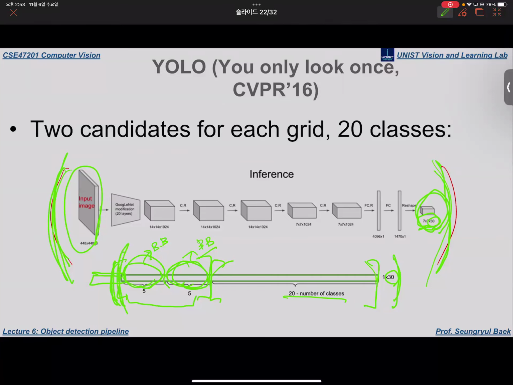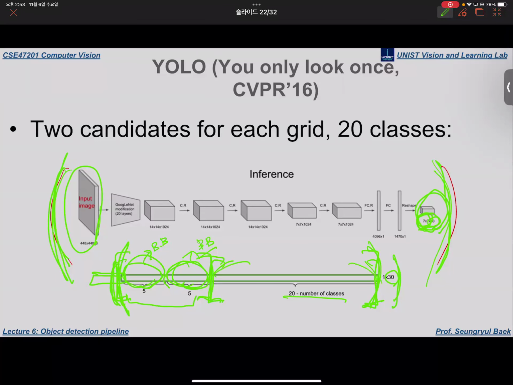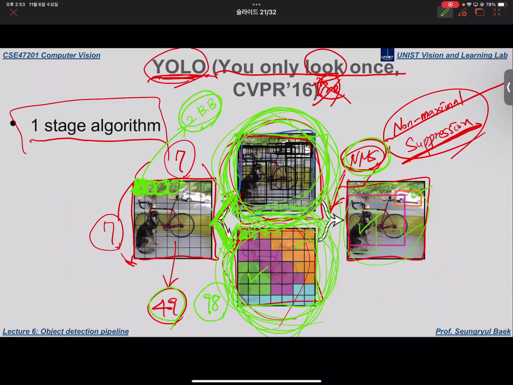So for each grid, we will estimate this 30-dimensional vector that may contain the class probability and, at the same time, two bounding box information. The below class probability is for this part, and this is denoted as the upper bounding box estimation result.